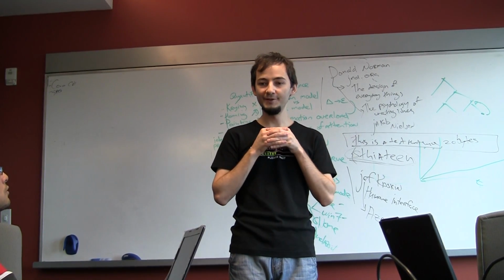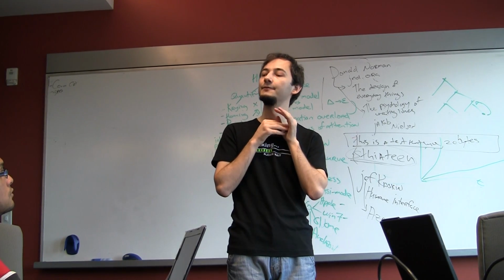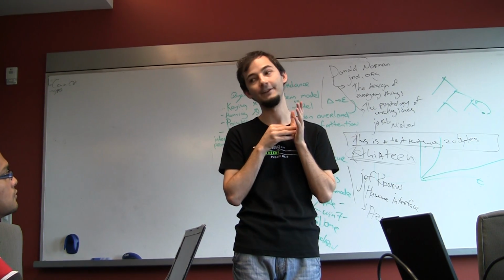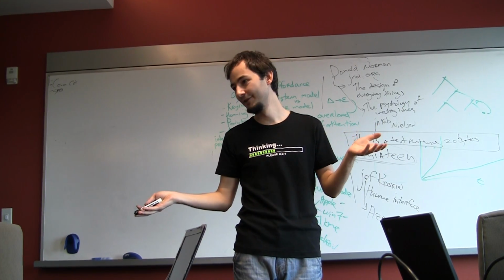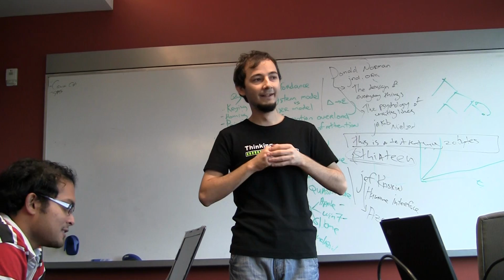Yeah, so there are multiple possible ways to answer that. One of them is because they don't know cognitive psychology. Second, because we've been doing this for ages. Why should it be changed?